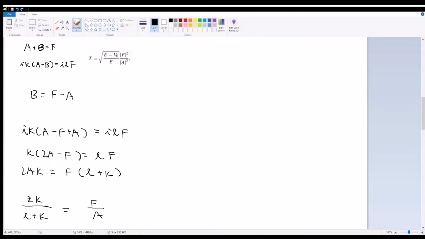So at this point, there's no complex numbers here, so T is just going to equal the square root of E minus V naught over E times 2K over K plus L, squared.